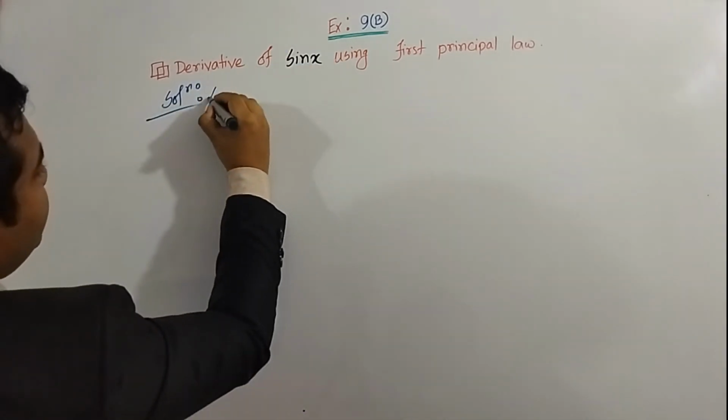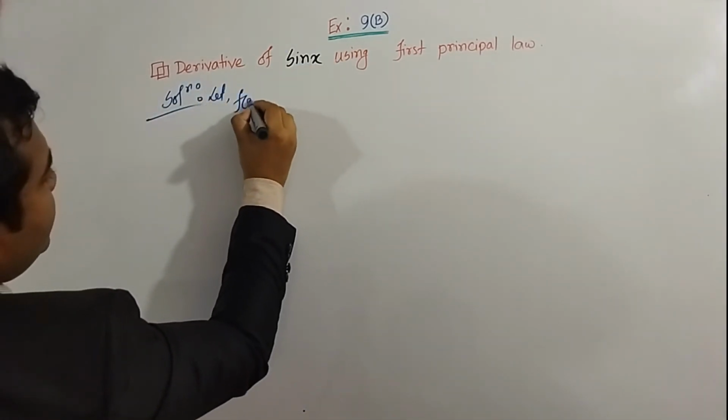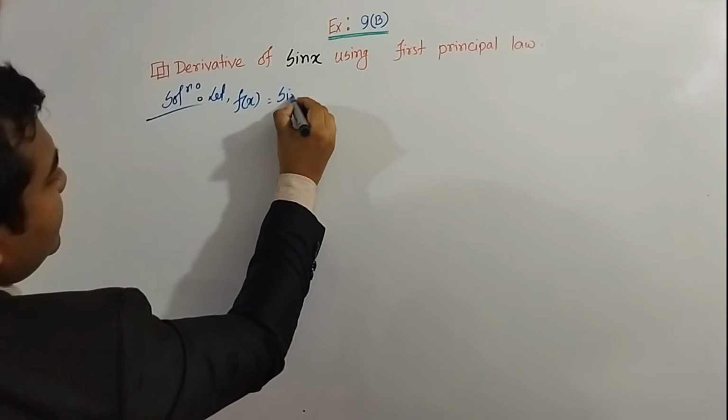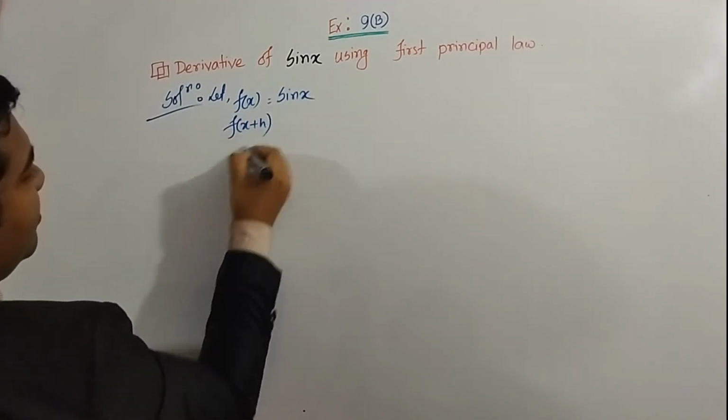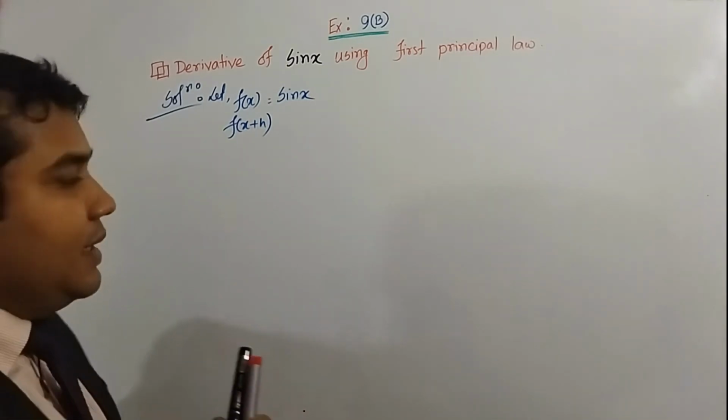First, let f of x be sine x, and f of x plus h must be exactly sine of x plus h.